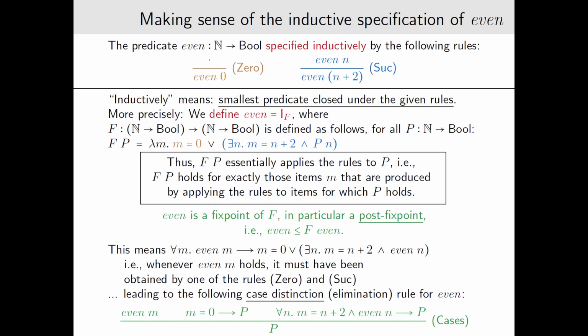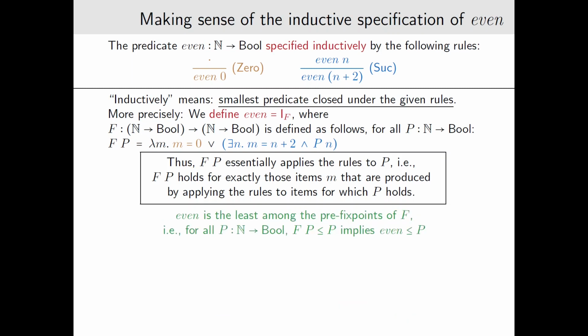Well, since it must have been the case that one of the rules was applied, we can assume in one scenario that the zero rule was applied, so M is 0, and we prove P. And in the other scenario, we assume that M has the form n plus 2, and even of n holds, and we prove P. So this is just a rephrasing of this implication, but a rephrasing that is useful in proofs. This is essentially proof by case distinction on the last applied rule, as you see in informal text. This is just the postfix point condition.